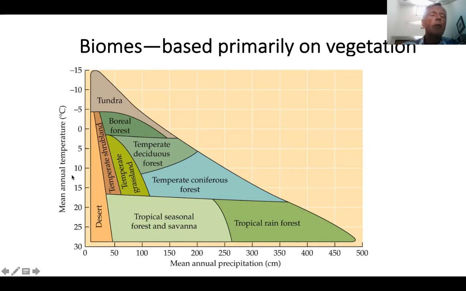So where the mean annual precipitation is very high and the mean annual temperature is also very high, we have tropical rainforests. And where mean annual precipitation is very low and where the mean annual temperature is very low, we have tundra biome and so on and so forth. So that was the intent of this.